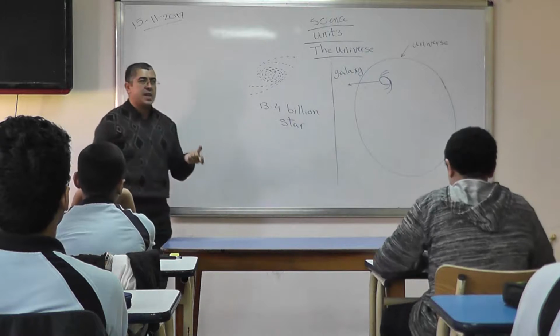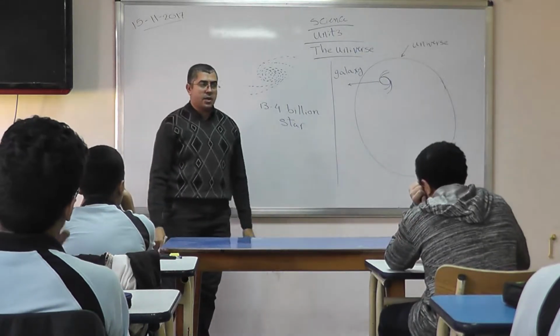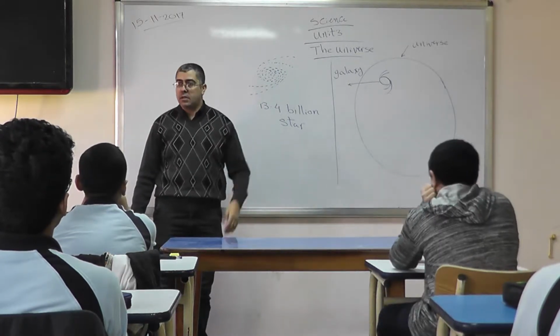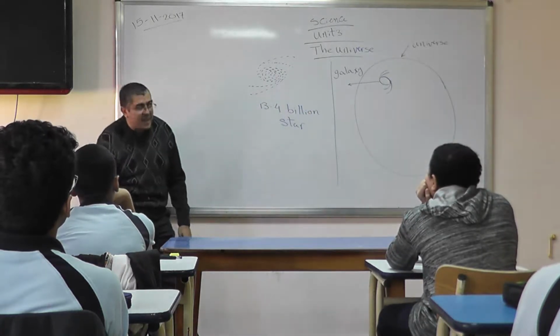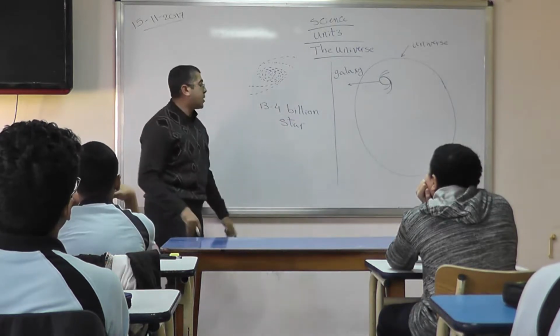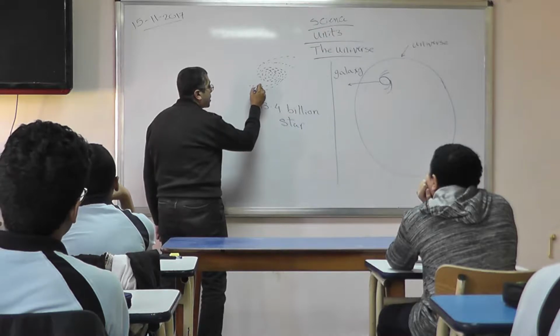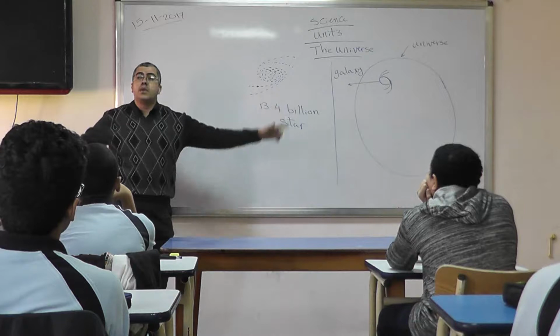The smallest galaxy has a number more than this, about 20 million, 100 million, or 100,000 million. It's like 100 billion galaxies. Understood? Okay, easy. So one point here is one star. So the galaxy is very, very large.